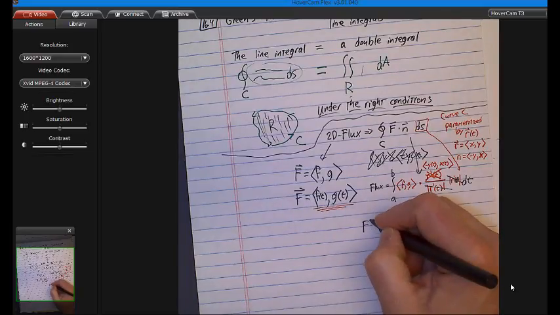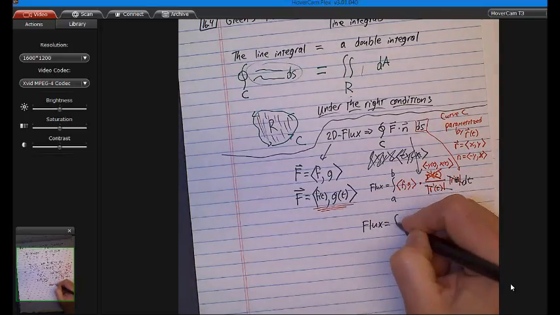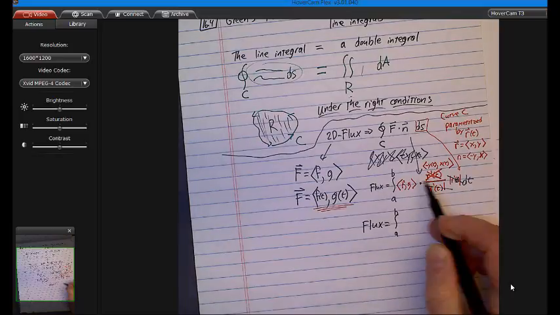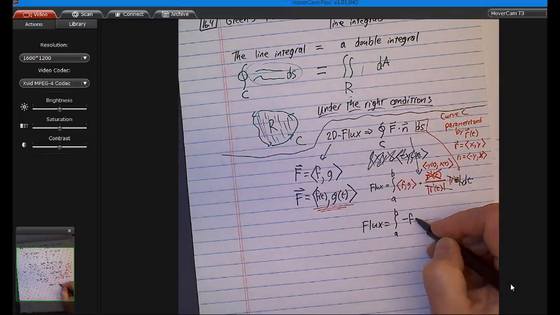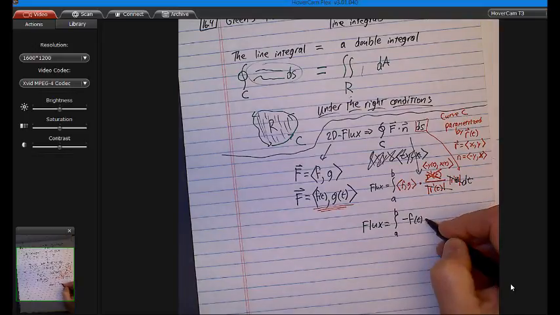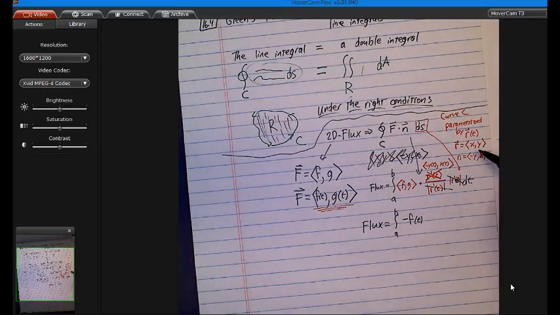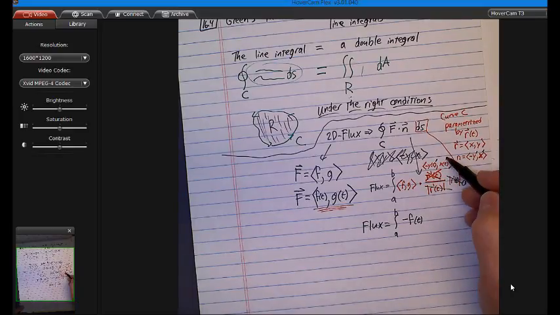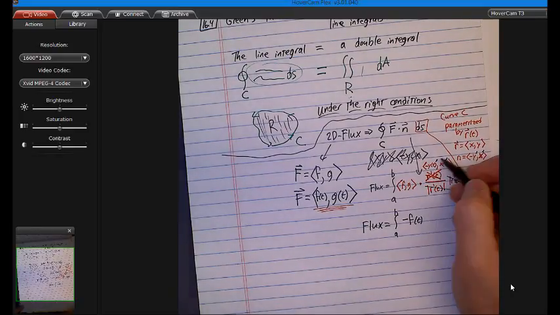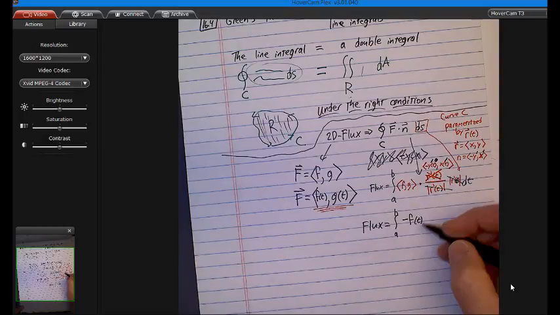Flux can be written from a to b. If we dot these, we get negative f of t. I'm sorry, these are primes, because we had r prime of t, which is the tangent, so these are the reciprocal of the tangent.